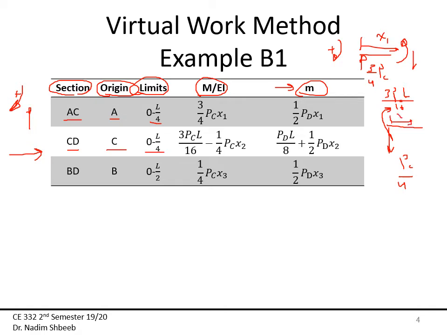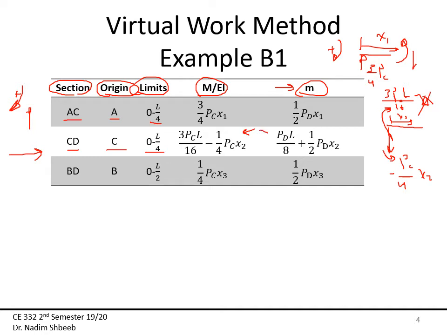Again, this is my X2. Then my moment function would be, again, I'm choosing the positive direction in clockwise, so this will be now 3 PCL over 16 minus, because this is now counterclockwise, 3PCL over 16 minus PC over 4 times X2, okay, which is what I have over here.